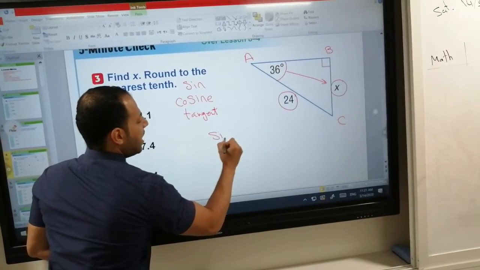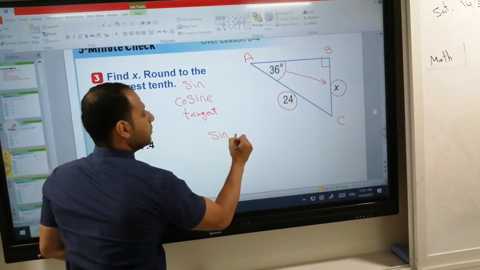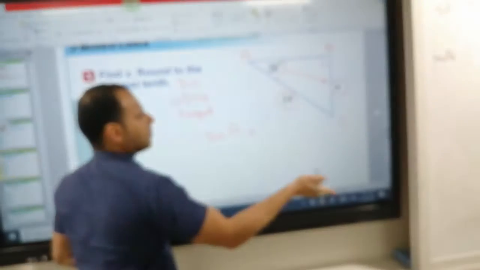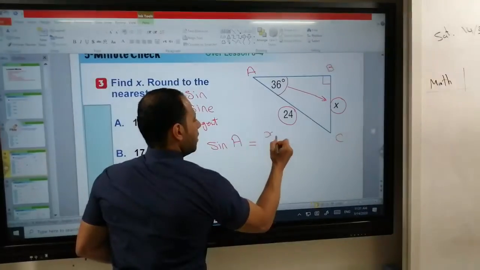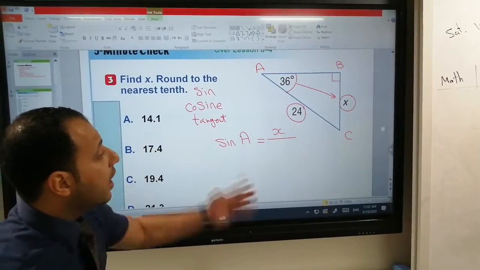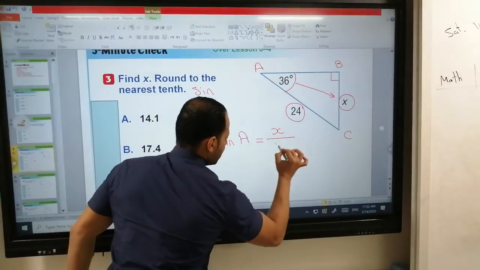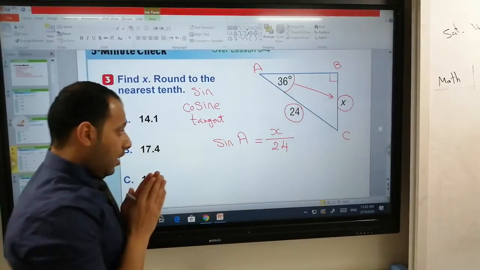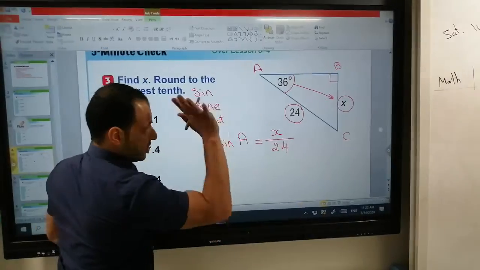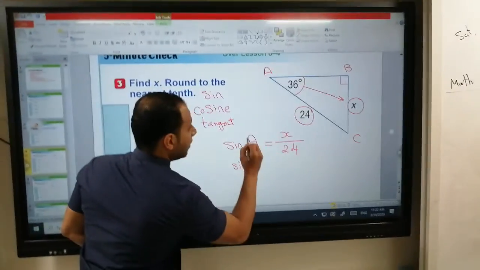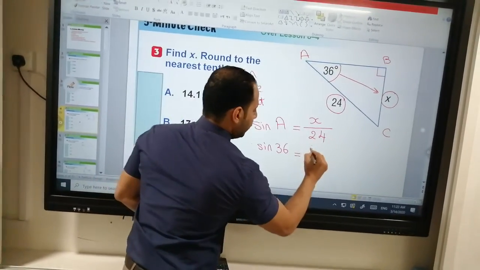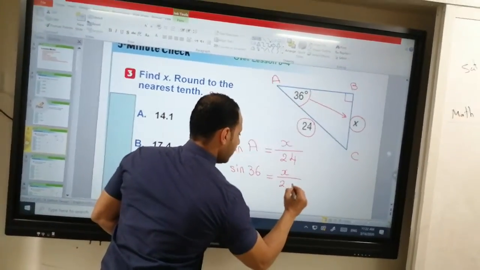So I just write sine A. Sine A equals what? Opposite over hypotenuse, sorry. The opposite is x, and the hypotenuse is 24, so I just write 24. After that, sine A means sine 36. I just substitute. So sine 36 is equal to x over 24.